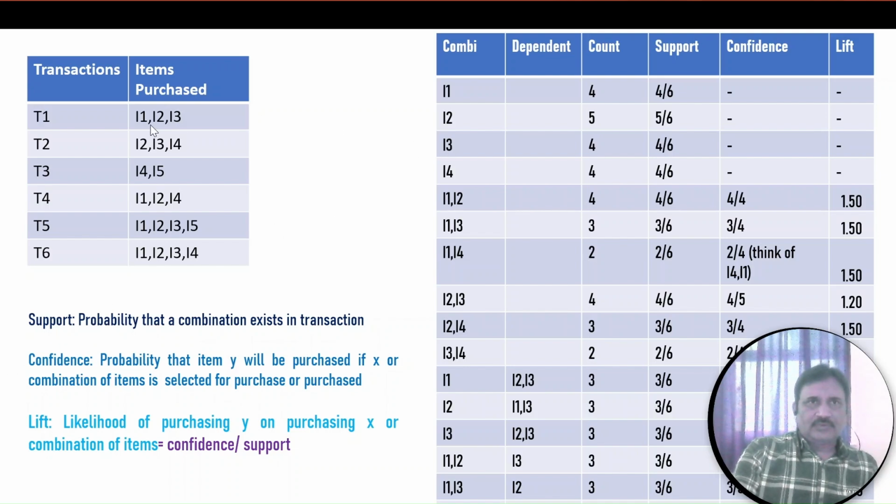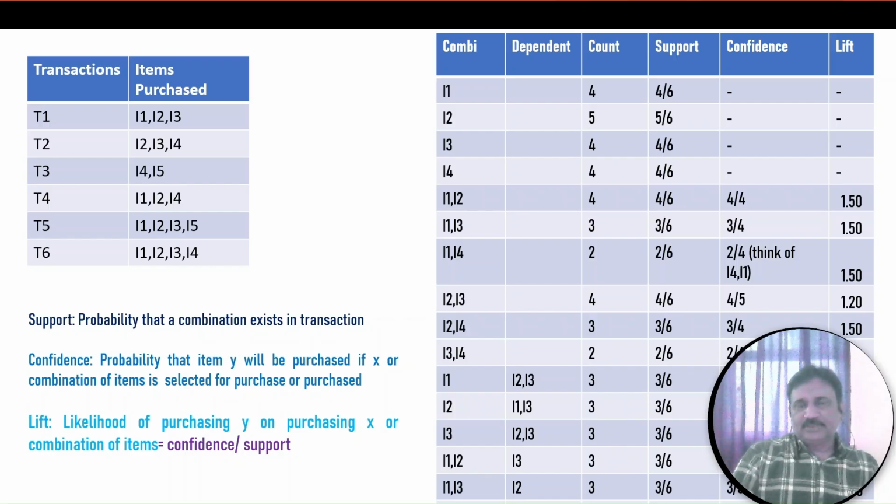So I2 here, I2 here, I2 here. Out of 4 transactions, 3 times I2 is purchased. So the confidence is 3 by 4 for I3, I2, and for I2, I3 it is 4 by 5.